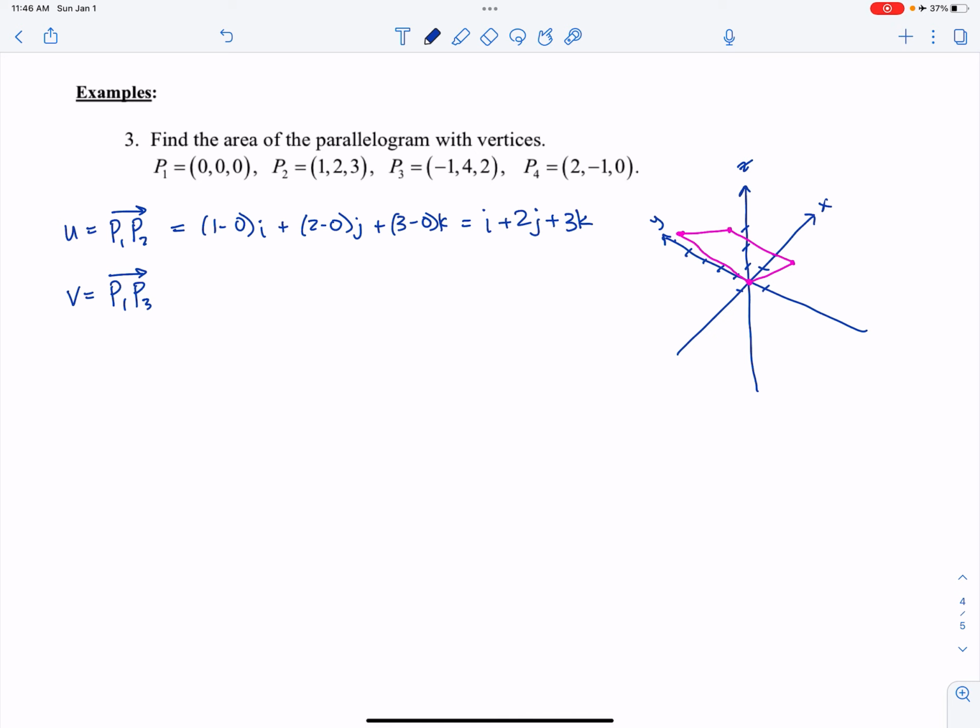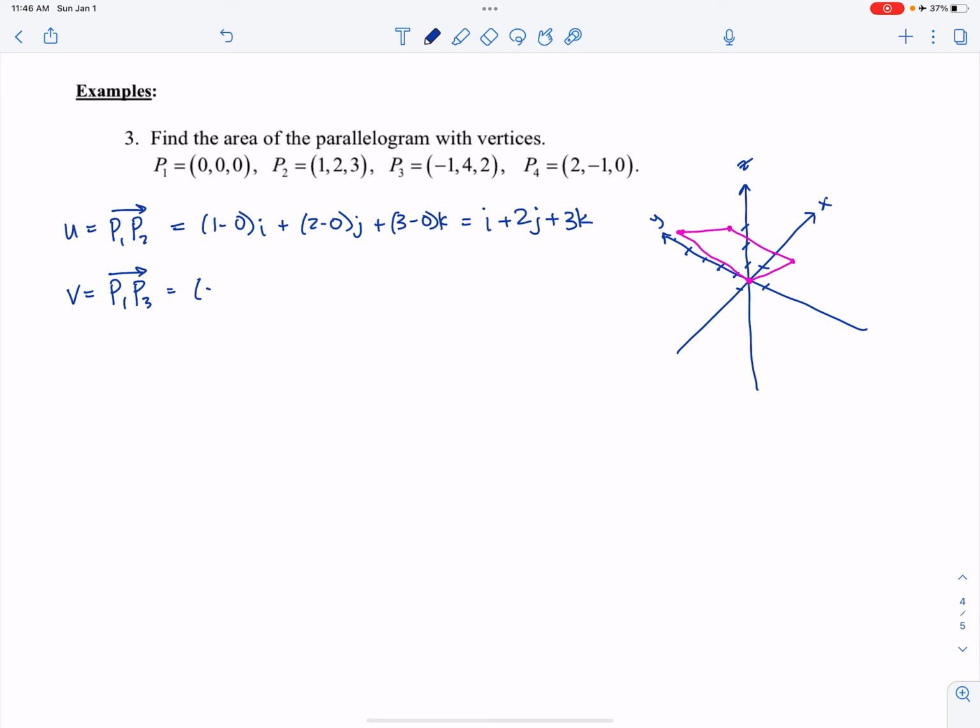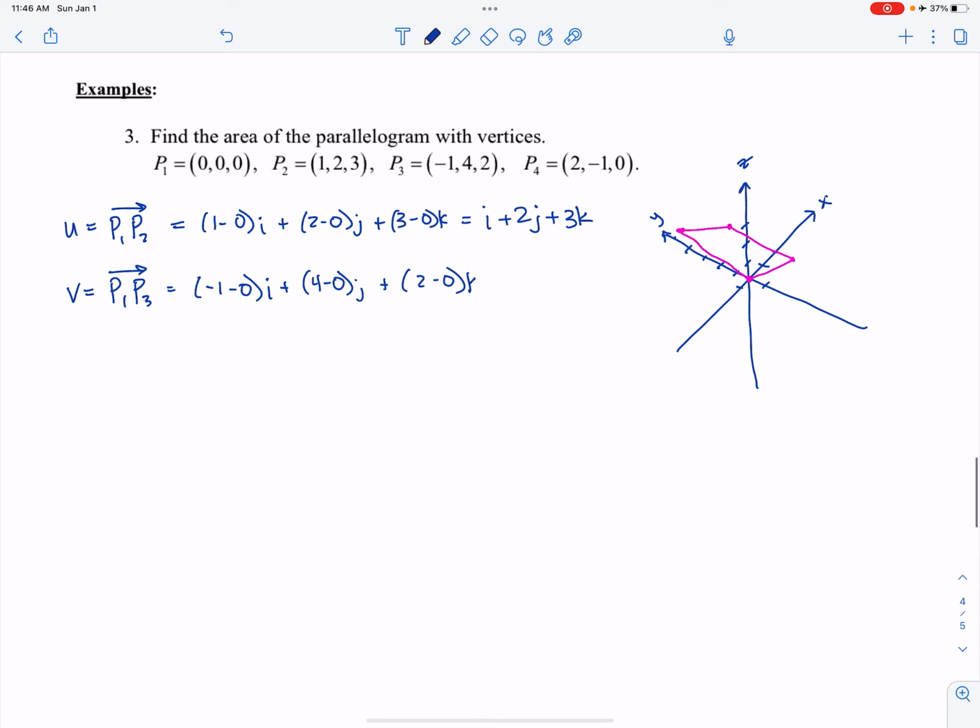And then v, same thing, 1 to 3, we would have -1 minus 0 i, 4 minus 0 j, 2 minus 0 k.